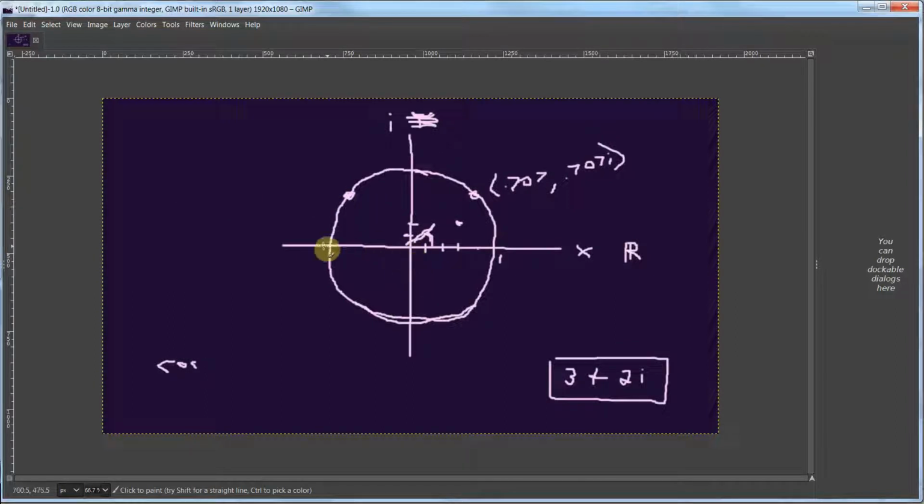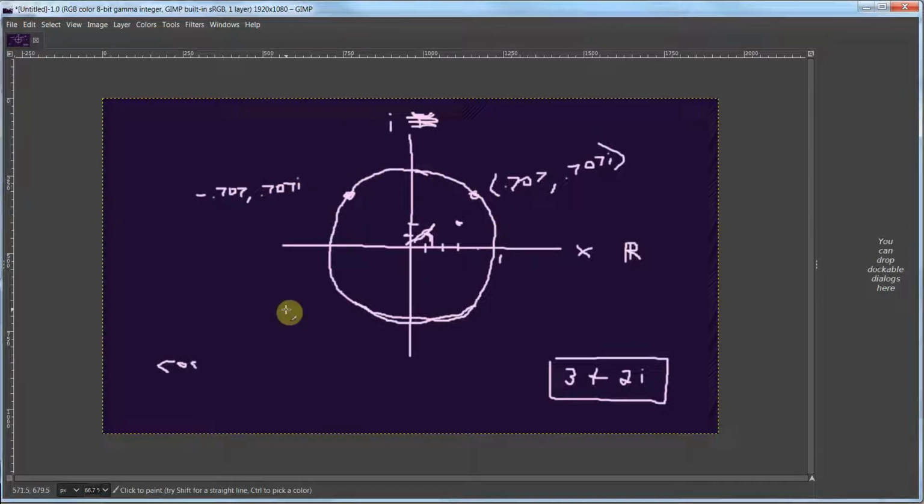It's going to be negative 0.707 and 0.707, how you would normally see it in regular numbers, but we'll do it with i, since we're working in the complex plane. But still the same. We're going to see how we can rotate to this point.